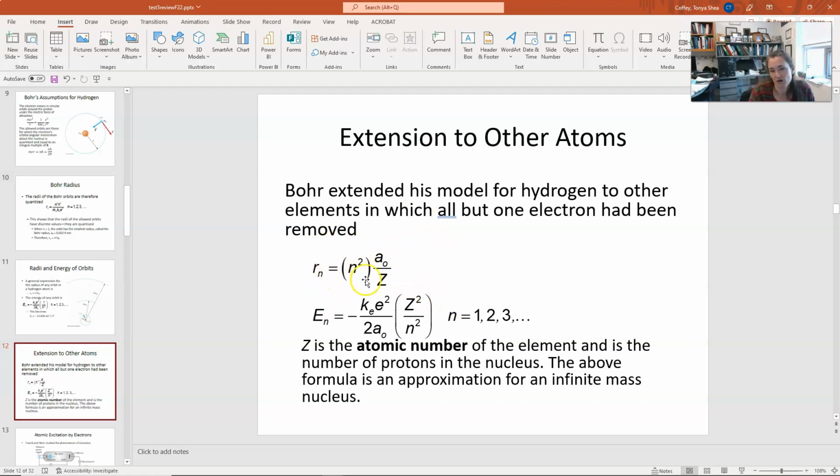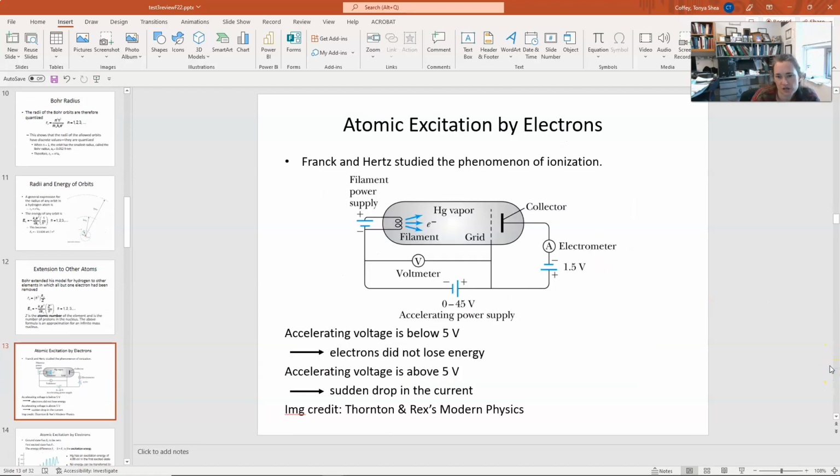The radius equation is now Rn equals n squared times the Bohr radius a naught divided by Z, where Z is the number of protons in the nucleus, and the energy levels also shift according to this equation: minus ke squared over 2a naught times Z squared over n squared, okay? So in other words, you have to multiply the energy equation for the hydrogen atom by Z squared, okay, in order to make that happen. Z is the atomic number, which is the number of protons. Okay, so that's a fly-by-night summary of Bohr's description of the atom.